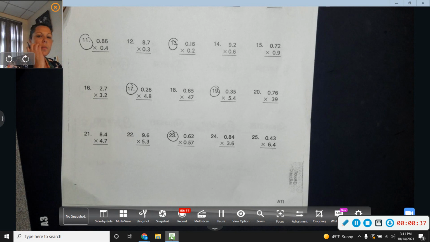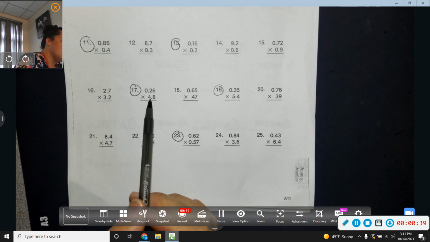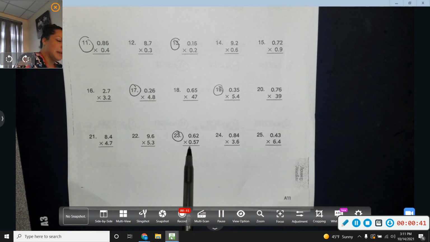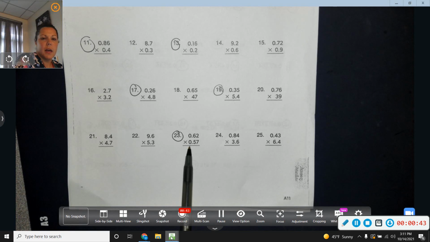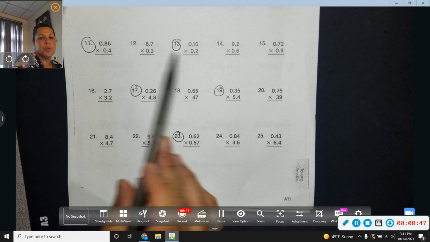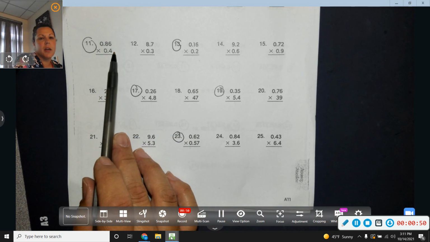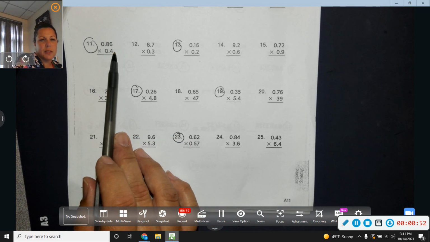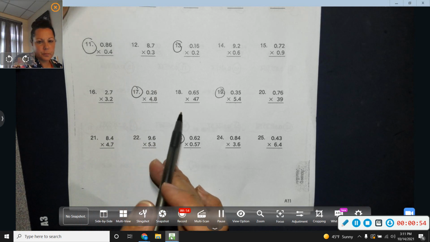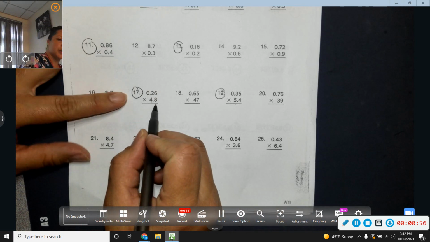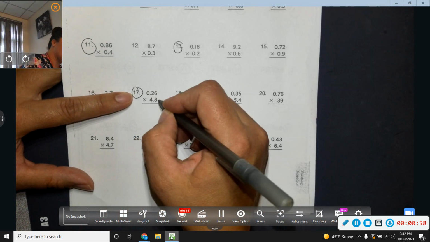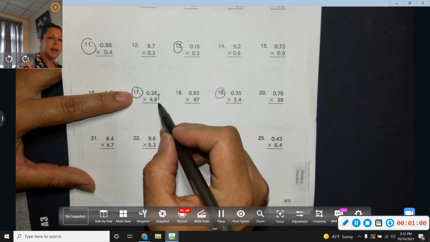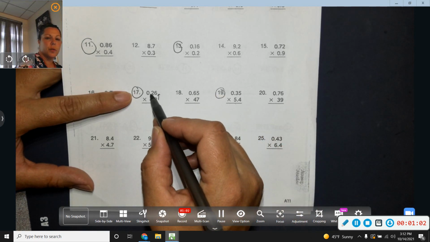So I'm going to start right here with the multiplication, and I'm going to start with the double digit multiplication down here. Okay, I'm going to do these three double digit, and then I'll come up and I'll do these two single digit, just so you can see that example. So on number 17, the first thing I need to do is multiply 8 through both of these numbers.